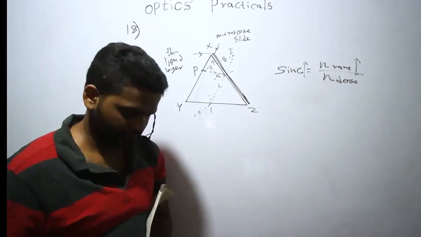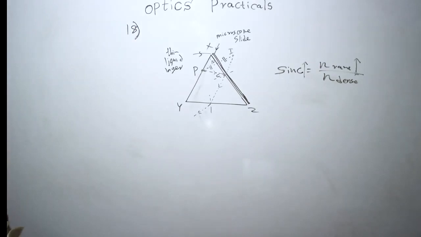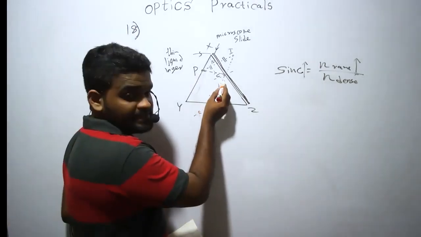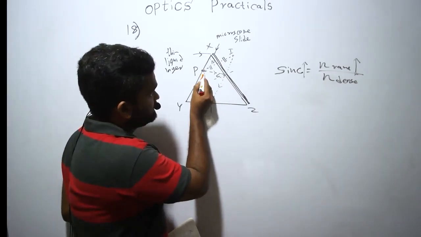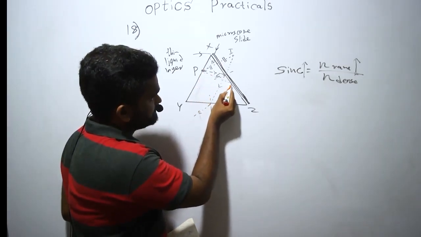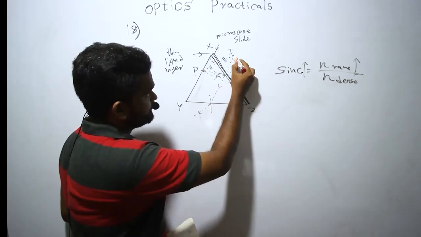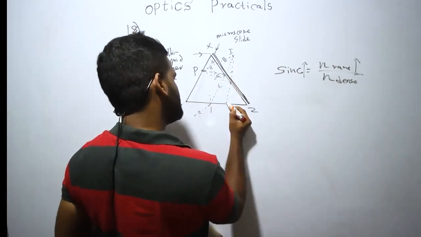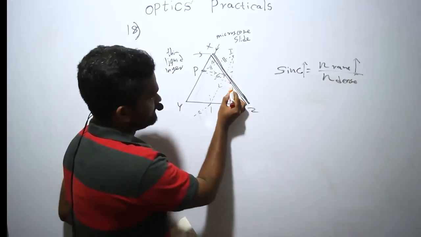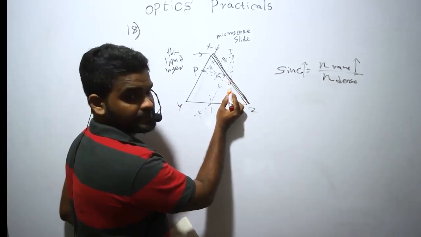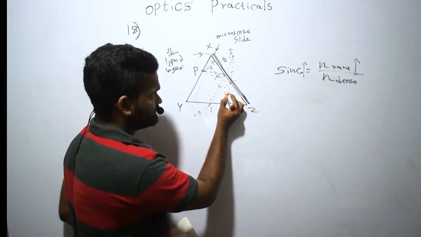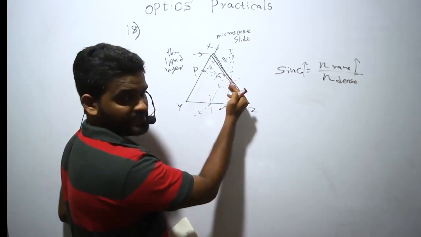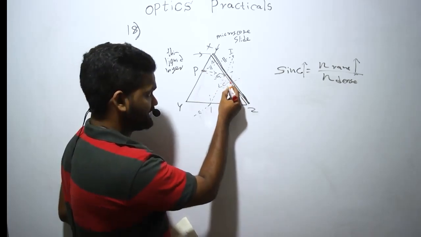So how do we draw that? If it is a large value, the critical angle will be reached somewhere here, right? Just draw this line. Let's say that happens here. Now you can clearly see the critical angle is reached at a point somewhere here. Beyond this point, when there's a liquid layer, let's say that angle is C dash.